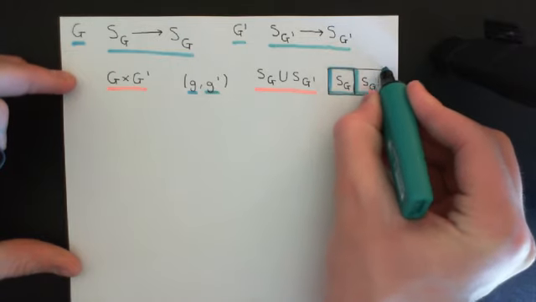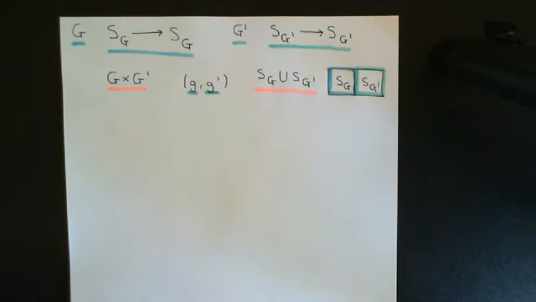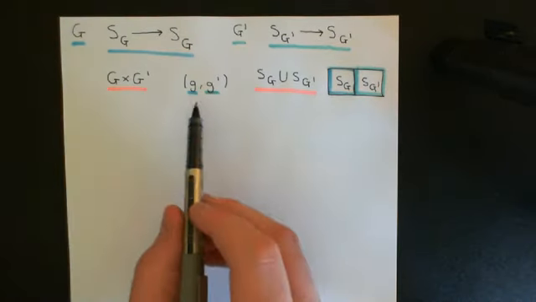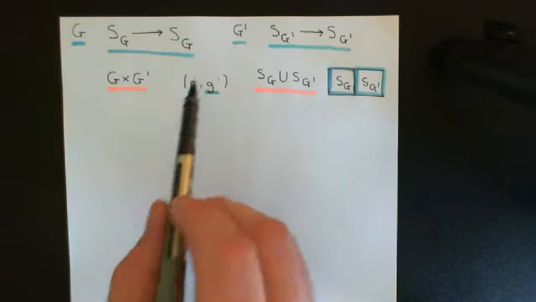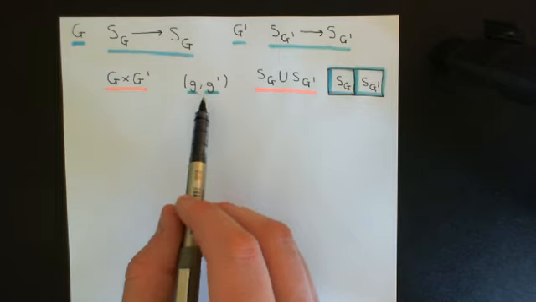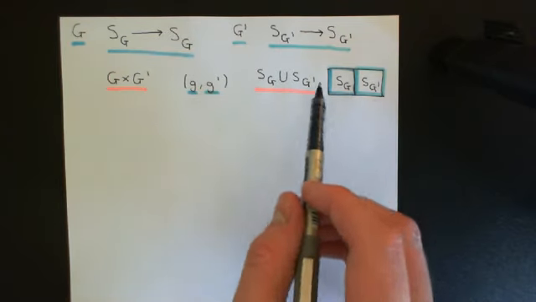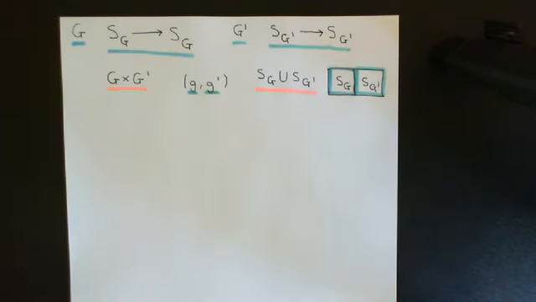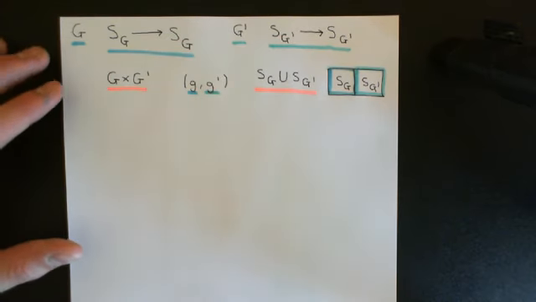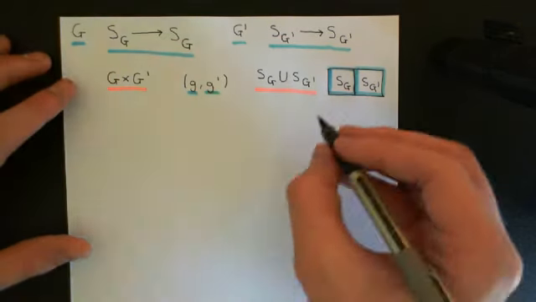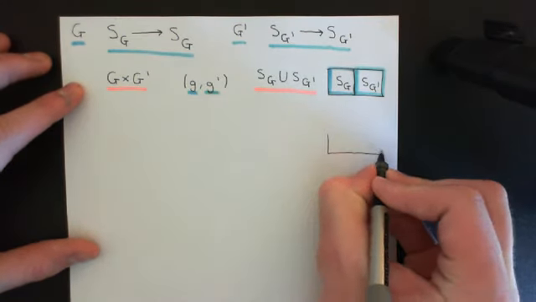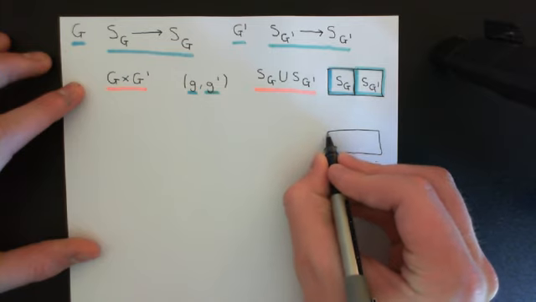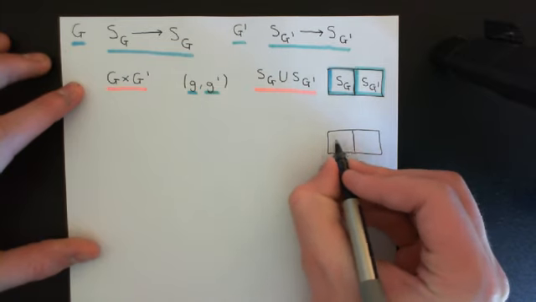and I'll highlight this subset of our new set in turquoise here. So if we now want to consider our element of the product group of G with G prime, with our little g and little g prime here, we can view it as representing a set permutation of our new set SG unioned with SG prime. The way that we can quite simply interpret this is we can say, I want to make a set permutation of this set onto itself, so I'll draw another copy of the set here.